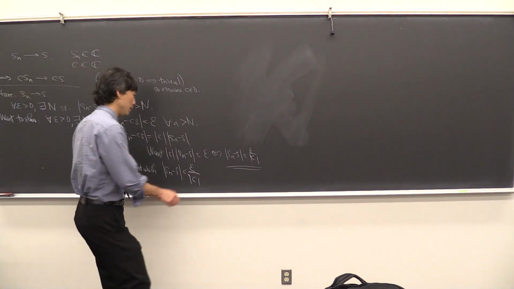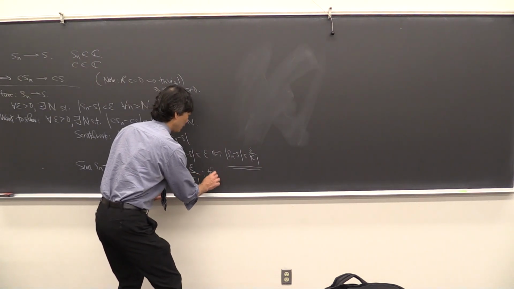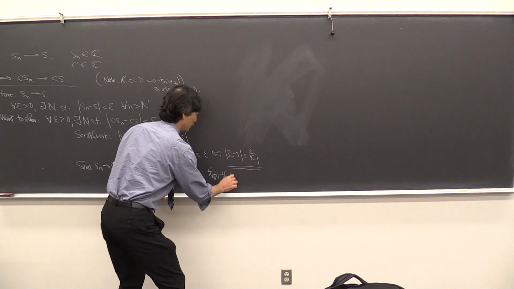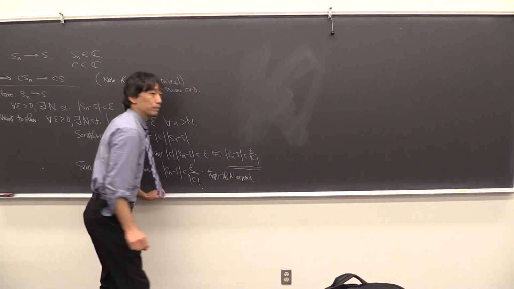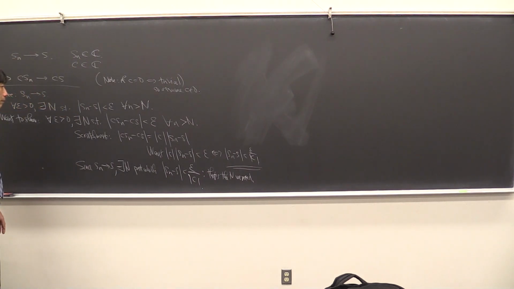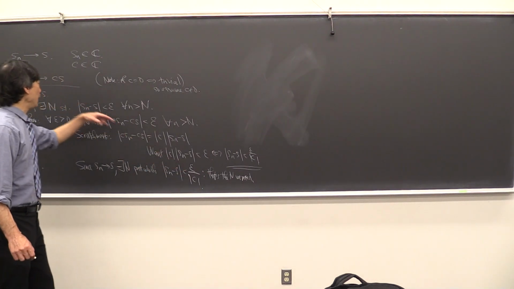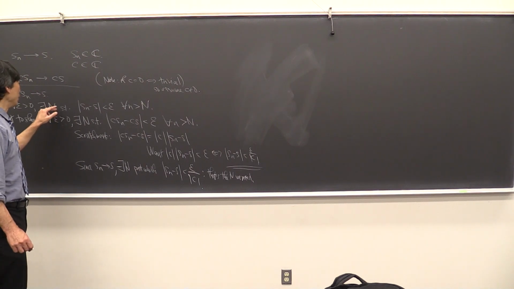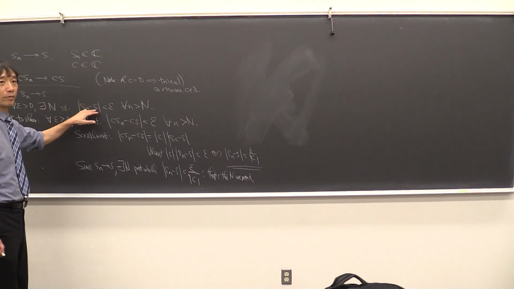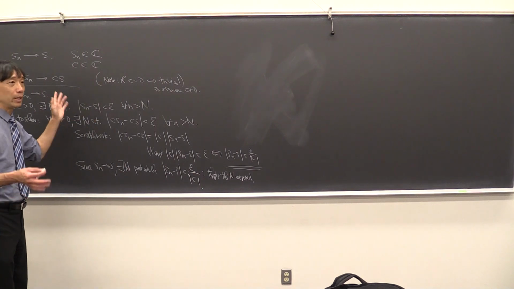That's the n we need. Somebody gives you an epsilon, you divide it by modulus C, and then you get the n for it from this convergence, right? And that's it.